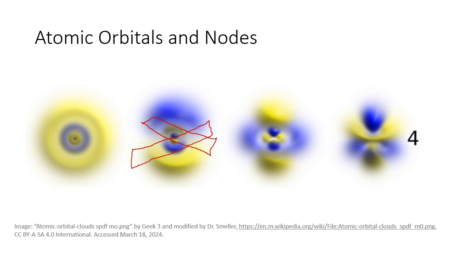There are 2 of these planes on the p orbital, there are 3 on the d orbital, and there are 4 on the f orbital. Okay, I'm not going to bother trying to do this for d and f because it's already kind of sketchy on p, and we're at the limit of my artistic ability.